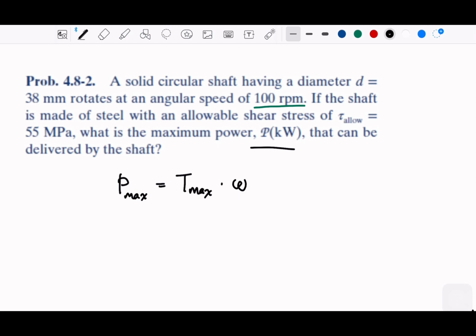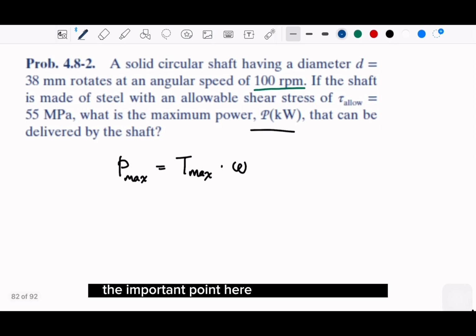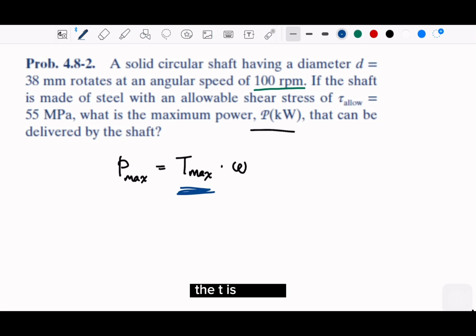Okay. So from this power here, the important point is to find this T, right? The T has a given diameter, and it's given the allowable shear stress.